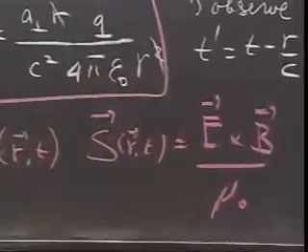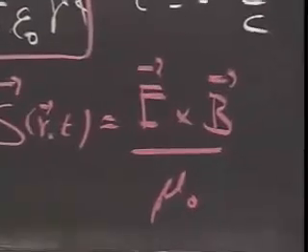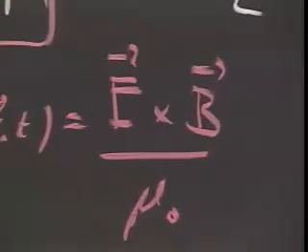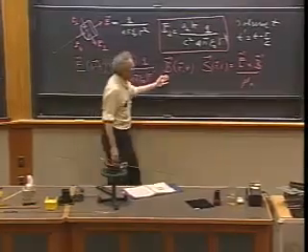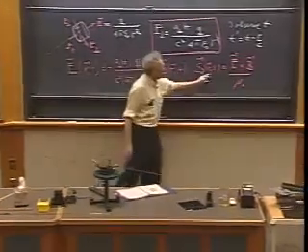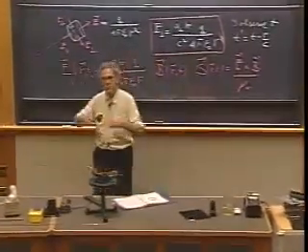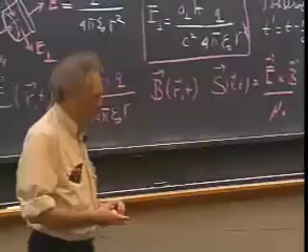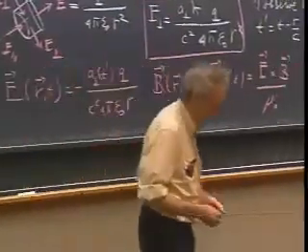And there you have the entire set that tells me what the electric field is due to an acceleration, what the magnetic field is due to an acceleration, and now what the pointing vector is, how many joules per second per square meter flow out.